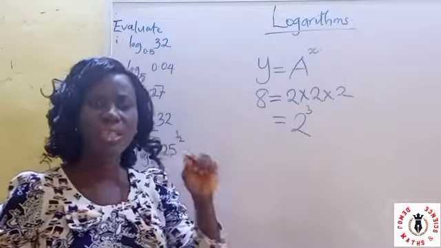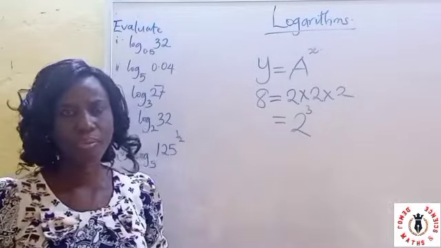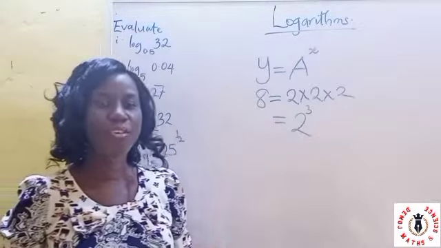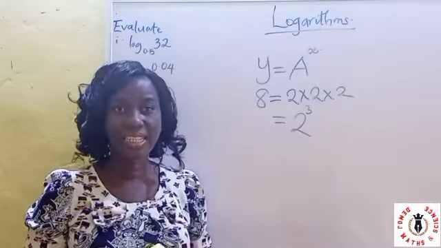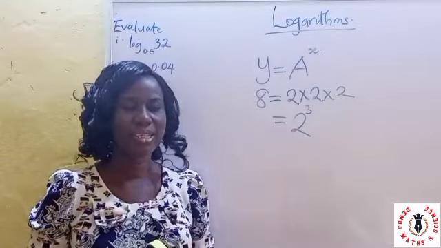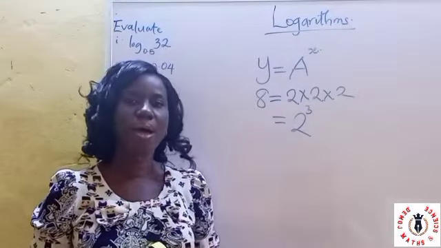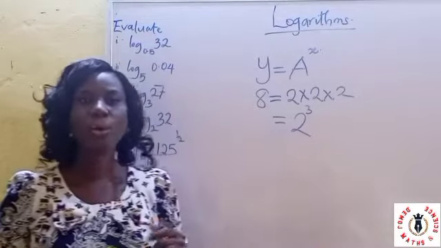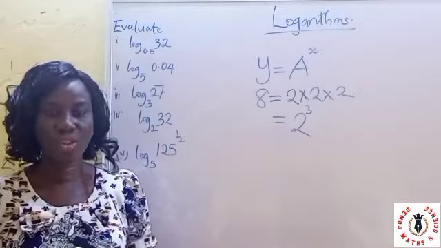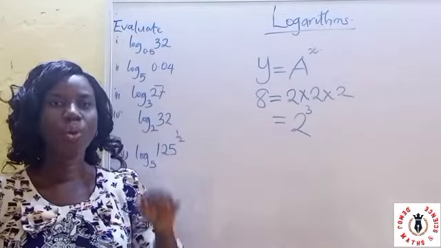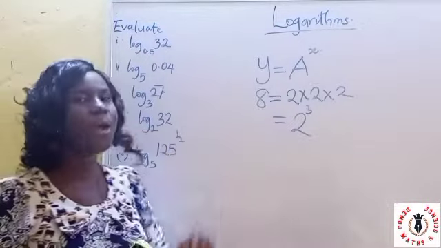So today, what is logarithm? I've just said that logarithm and indices go hand in hand. So we describe logarithm as the index to which a base is raised to be equal to a number.